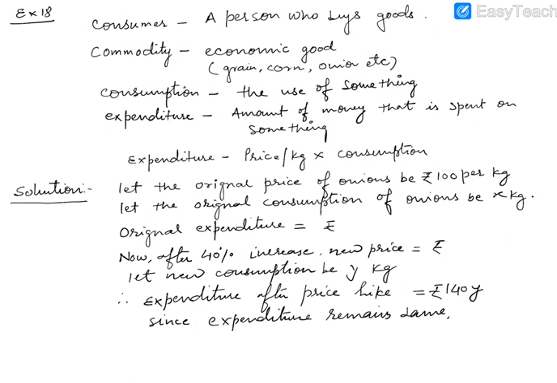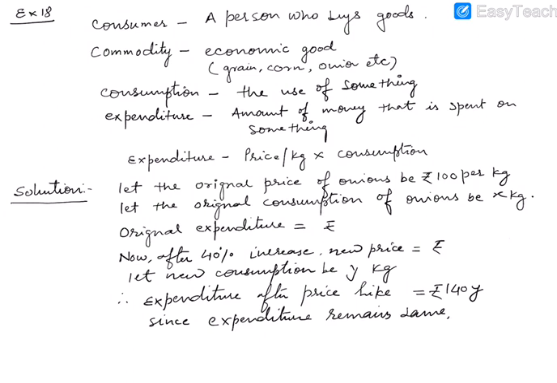And the next term is expenditure. Expenditure means the amount of money that is spent on something. Suppose you are using 1 kg of potato at your home, so that is your everyday consumption. And if you are spending rupees 20 for that 1 kg potato, that is your expenditure. I think it is clear to everyone.